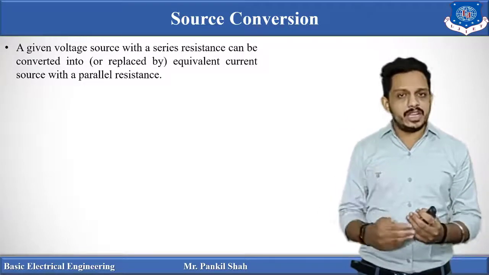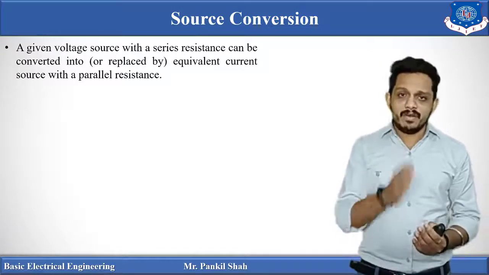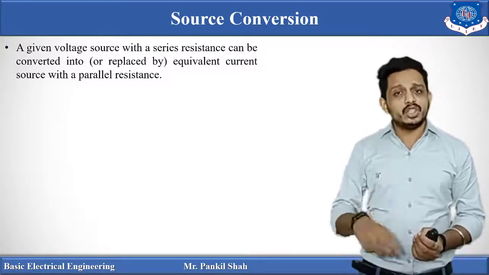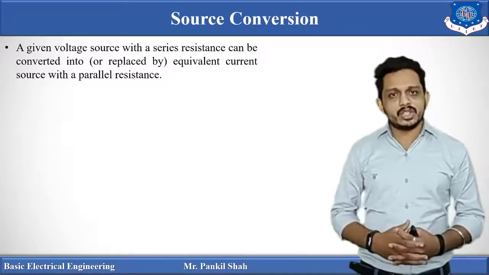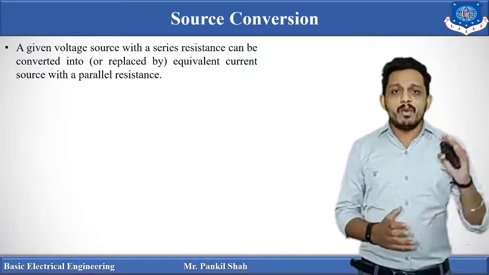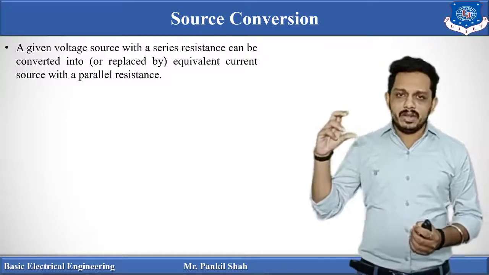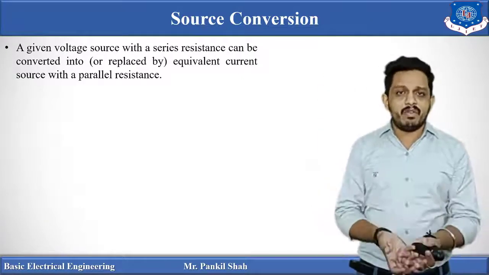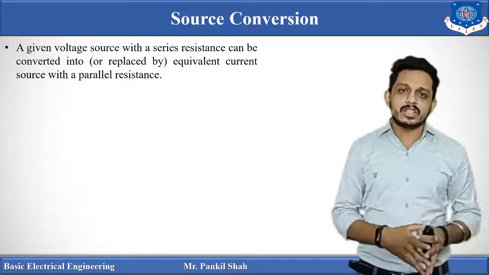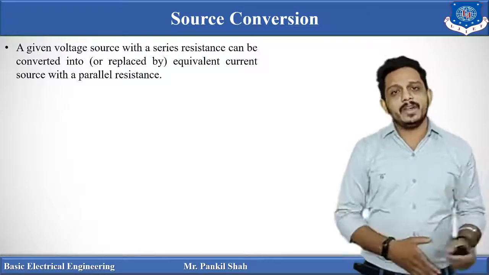If you want to transform that voltage source into a current source, then there will be one current source, but the position of the resistance will change. In the case of a voltage source, the resistance is connected in series, but in the case of a current source, the position will be in parallel. So whenever you transform your voltage source into a current source, there will be one current source and a resistance in parallel to it.